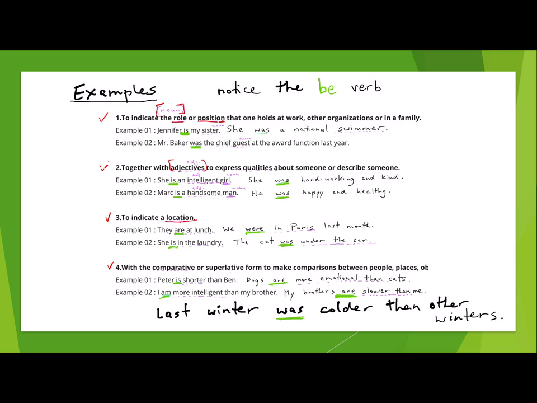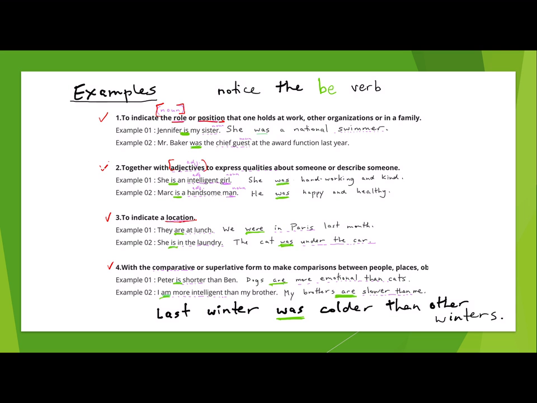Those are the 4 ways that we learn about the subject that require the be verb as the main verb. To learn about the role or position of the subject, to describe the subject, to tell us about the subject's location, or to compare the subject.